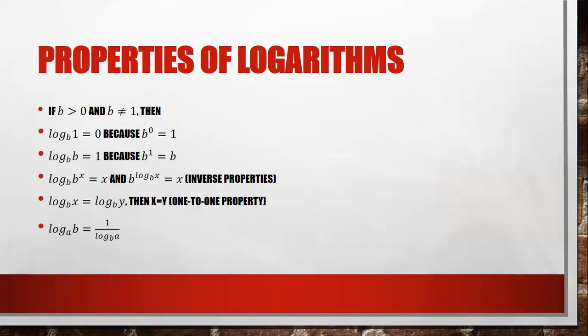Okay, so these are the properties of logarithms, of course. If your b is greater than 0 and your b is not equal to 1, then there are properties. So first property, if you have log base b of 1, that is equal to 0.